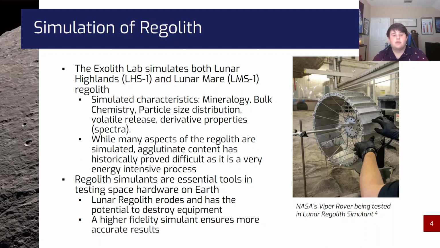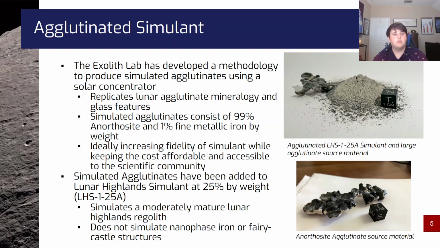And a higher fidelity simulant ensures more accurate results, and more accurate results are really what you want before you go into space. Seen here on the right is NASA's Viper rover, which is going to the moon, I believe, in 2025, and it's being tested in lunar regolith simulant. XLF is actually providing some lunar regolith simulant as well. So this just shows how the simulant is utilized on Earth before the hardware goes to space.